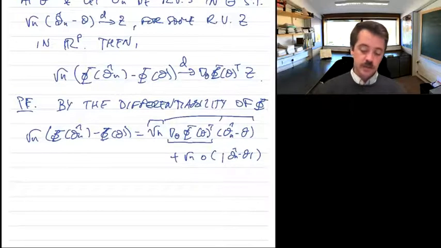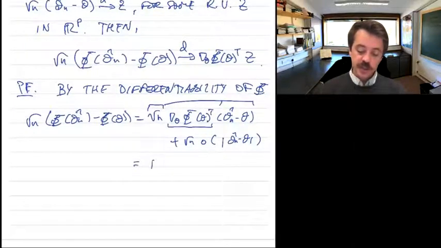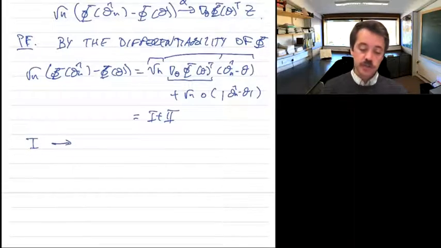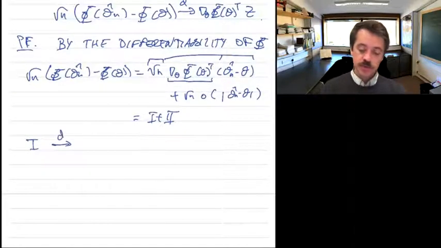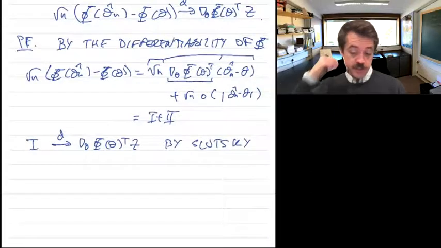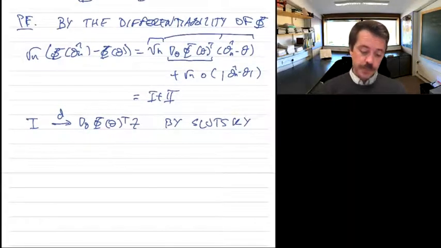So let's call these the first term plus the second term. By what I was just saying, the first will converge in distribution to this. So we need to show now that the second term is negligible.